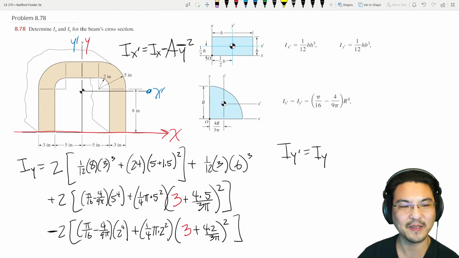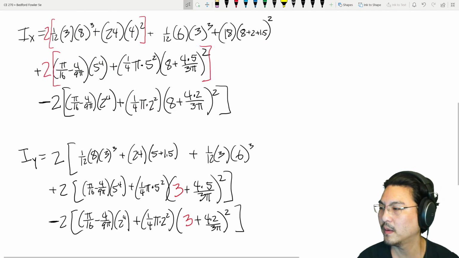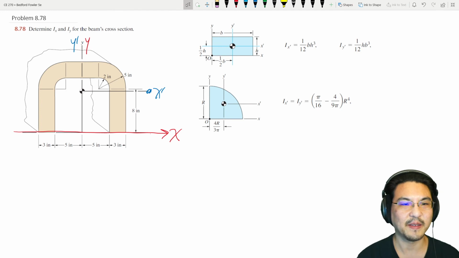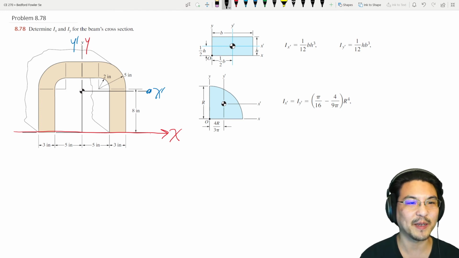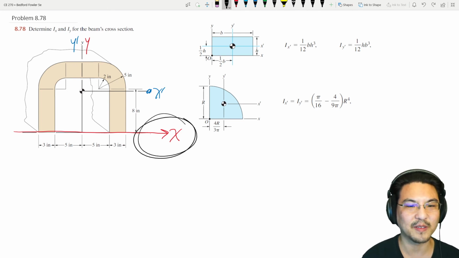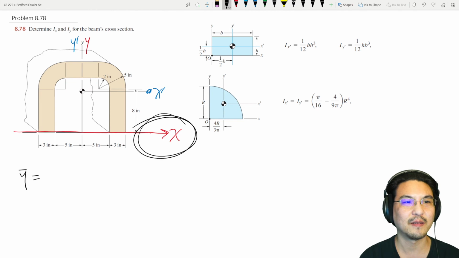Let me make some space here. Okay, let's find the location of the centroid with respect to this x-axis. Okay, so the y component of the centroid, it's an area weighted mean position.